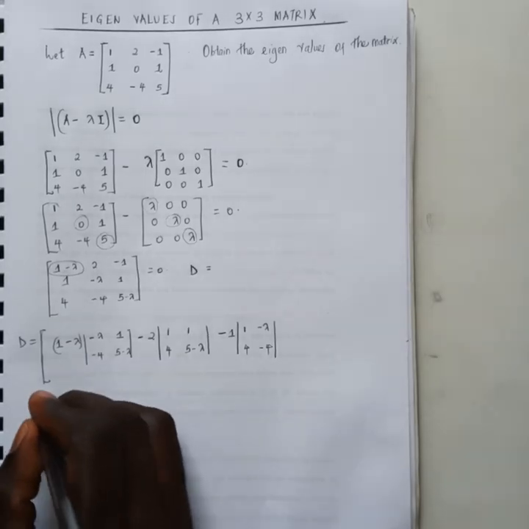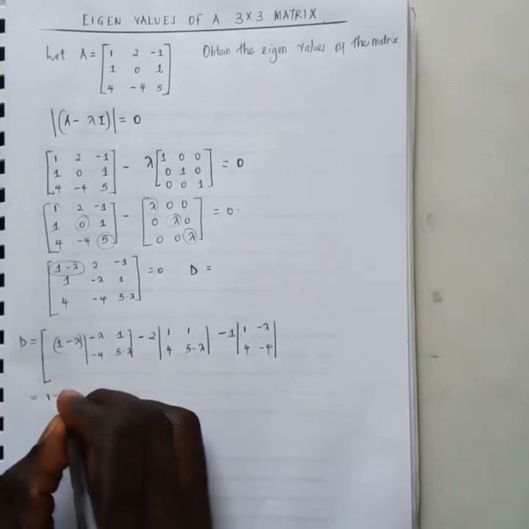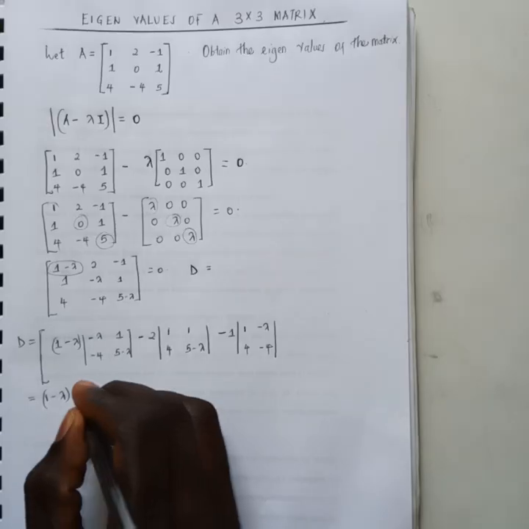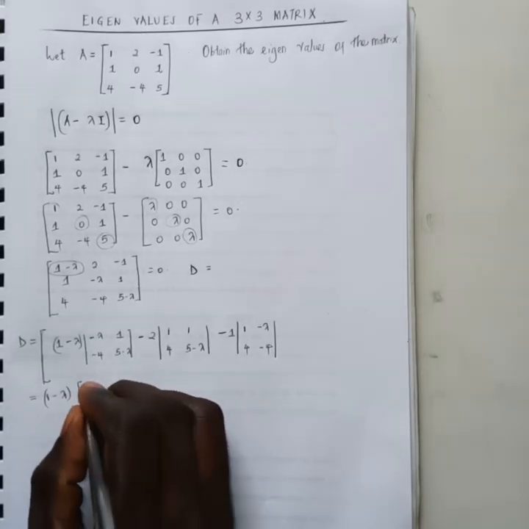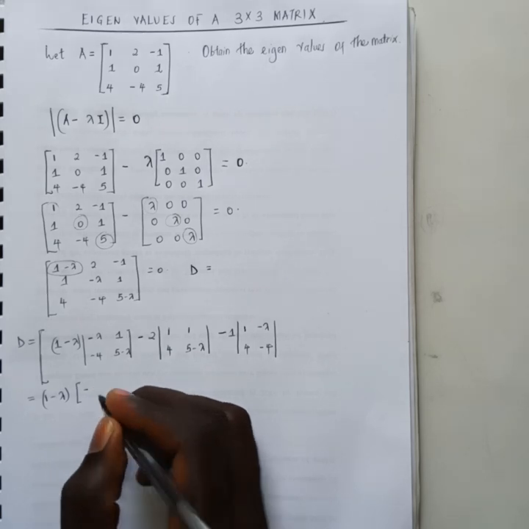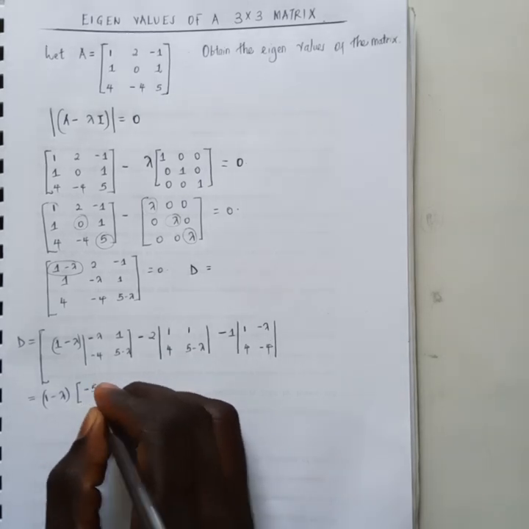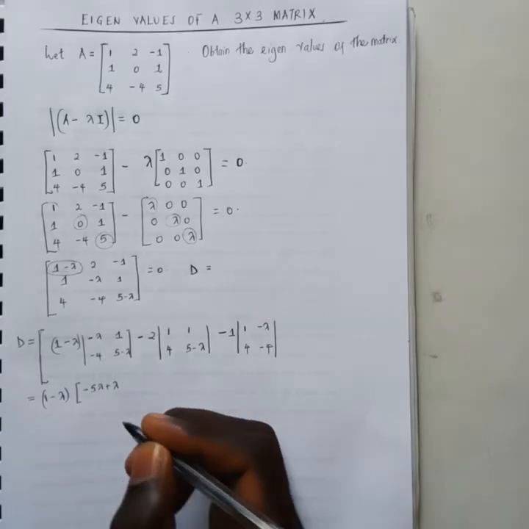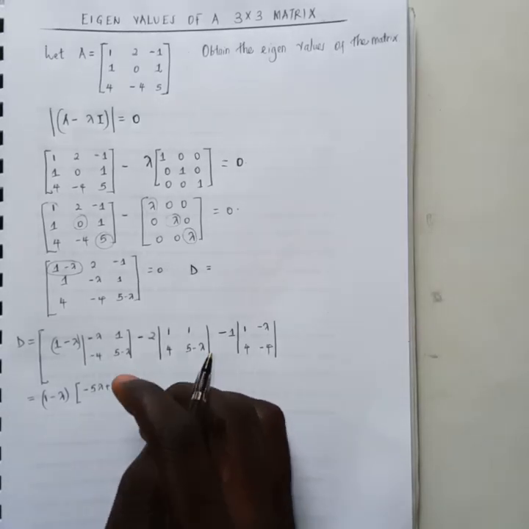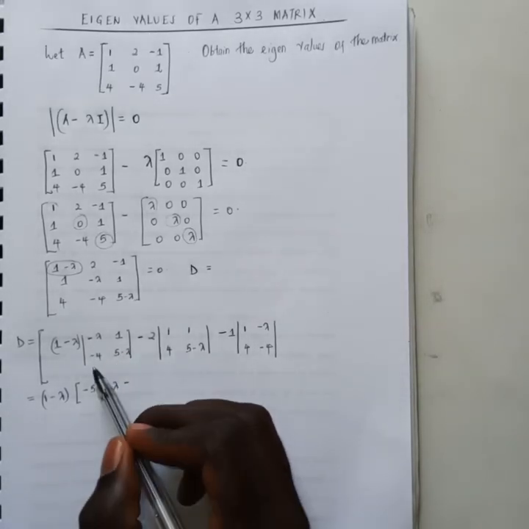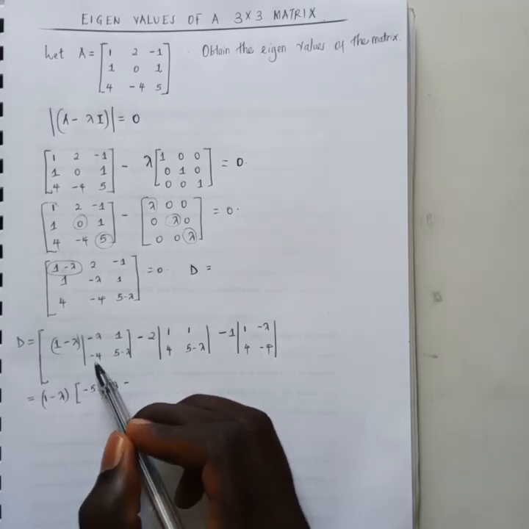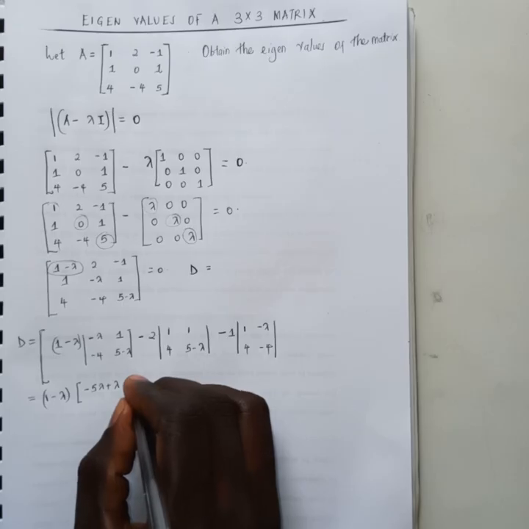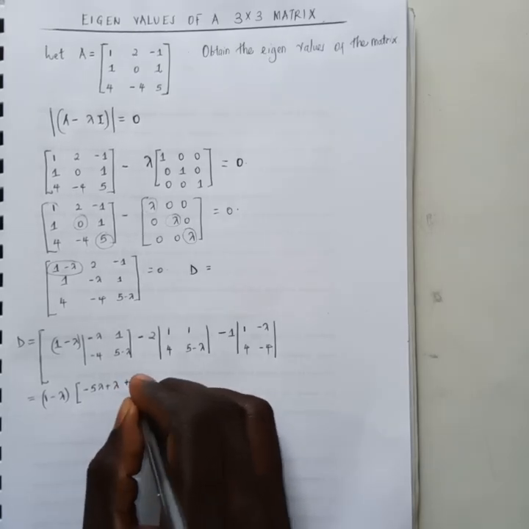This one will be giving us 1 minus lambda into negative 5 lambda plus lambda, then again this one is -1, and -4 times 1 is -4, so it will be +4.